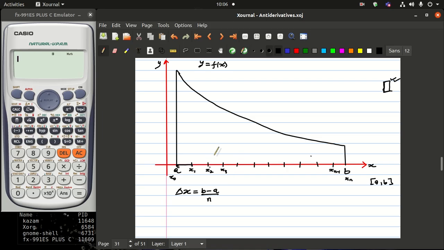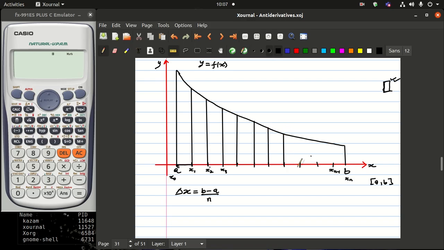The next thing that you want to do is draw a vertical line going to the curve, and then another vertical line going to the curve, and so on for each point.